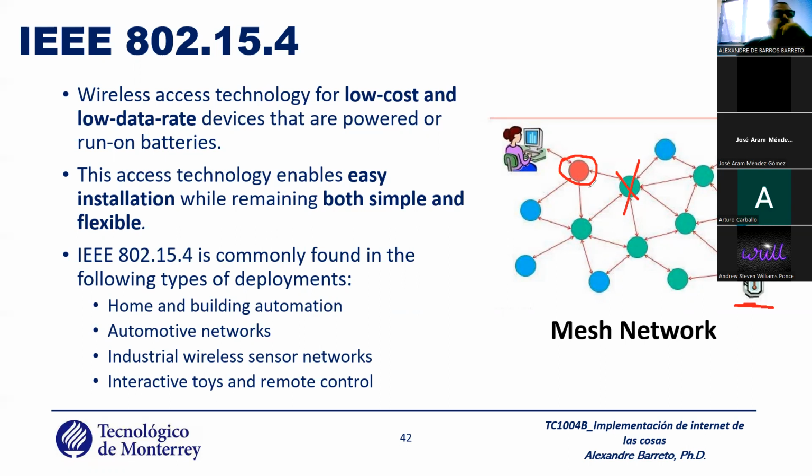Yes, because here it's a mesh. If you lost this guy here, you can go to the node through this path, or you can go to this node using this path, or you can go to this node using, for example, here no. Here you cannot.